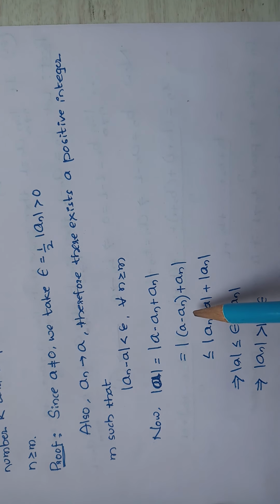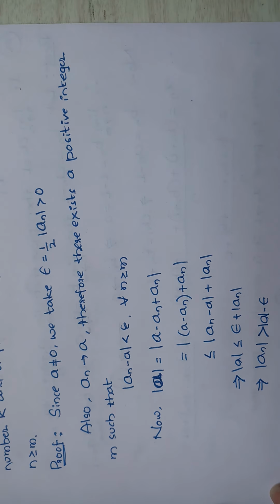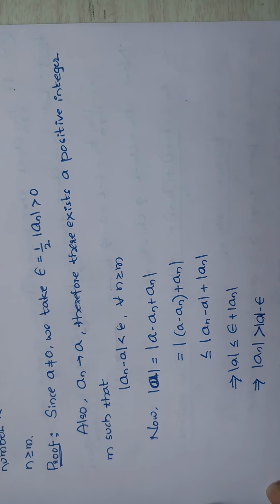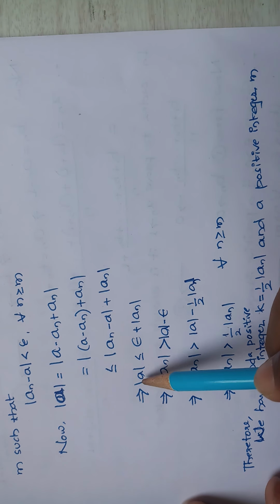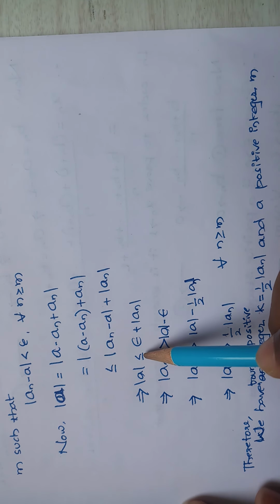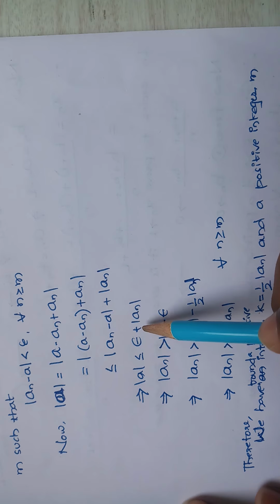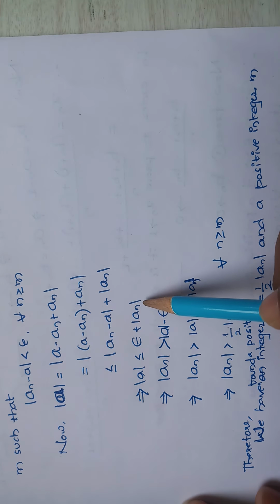Using the modulus property, we write this as modulus of a_n minus a plus modulus of a_n. You already know that modulus of a_n minus a is less than epsilon. So this implies that modulus of a is less than or equal to epsilon plus modulus of a_n.